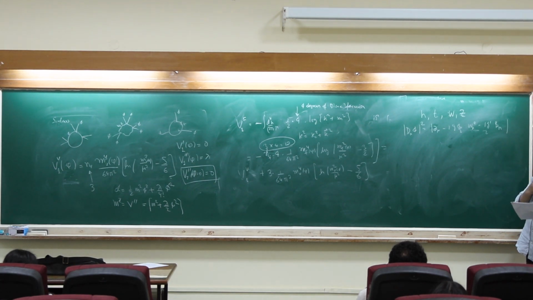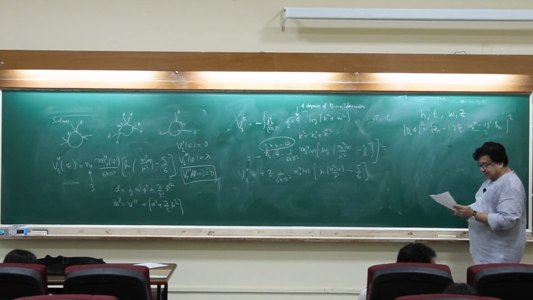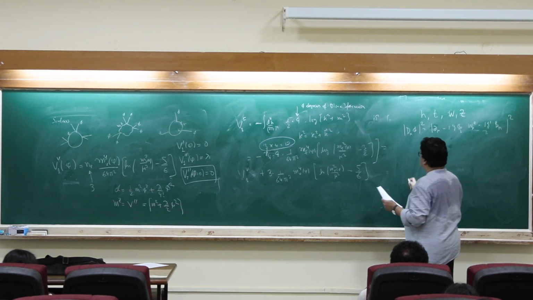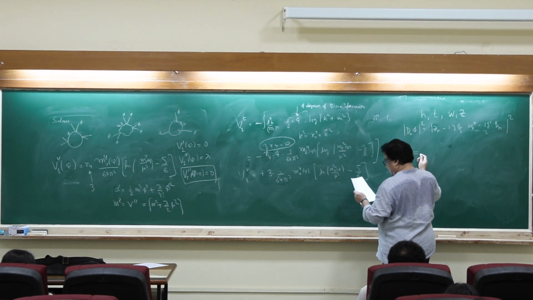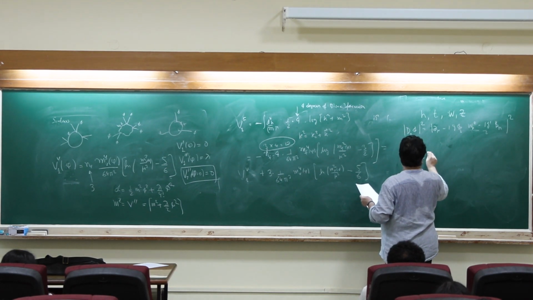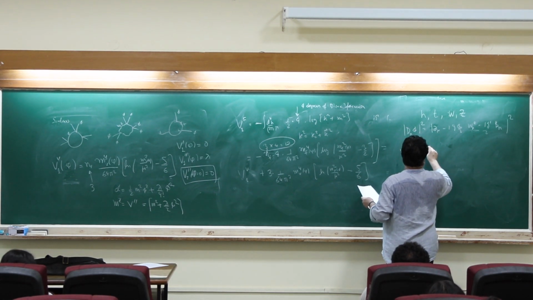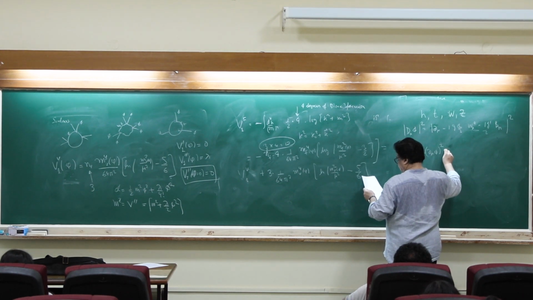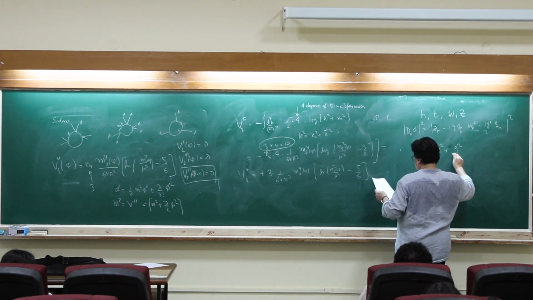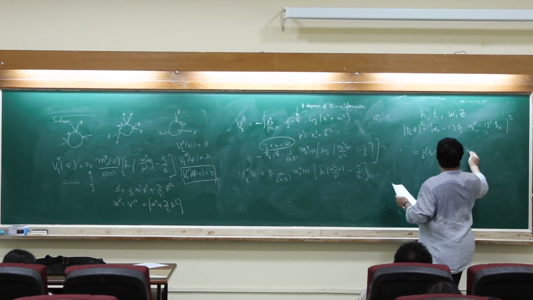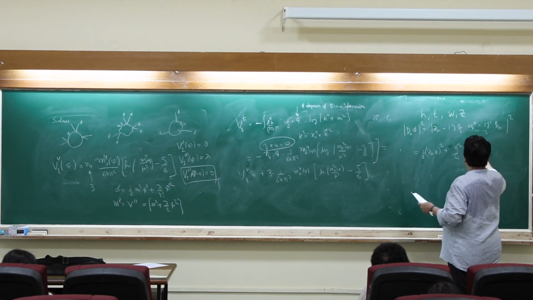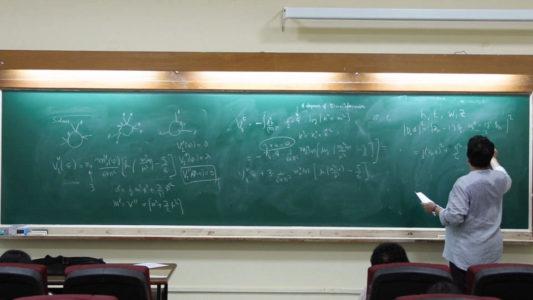So this is the standard model, and in terms of the physical field, then you will get a mass term. If you square it, this will give me half d mu phi square plus g square upon 4 W mu plus W mu minus.